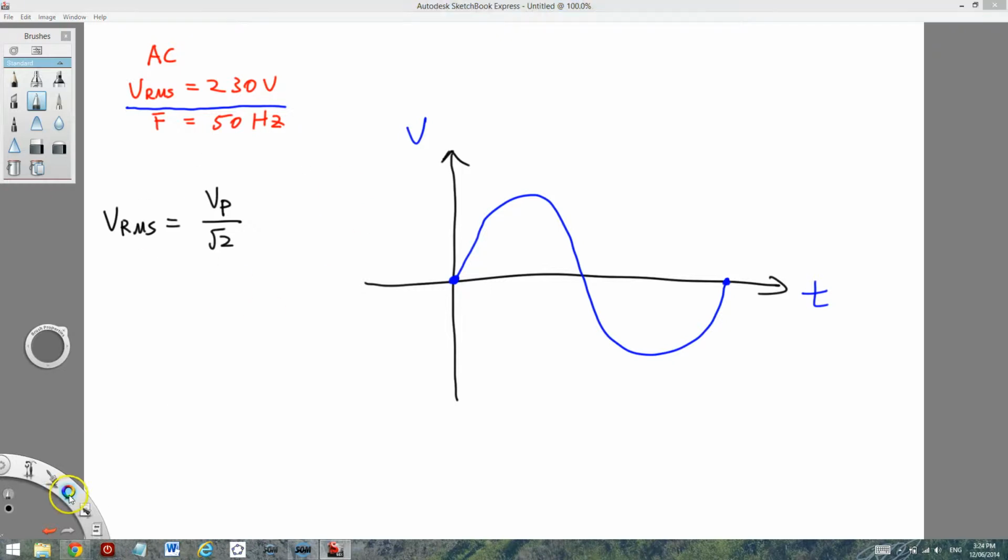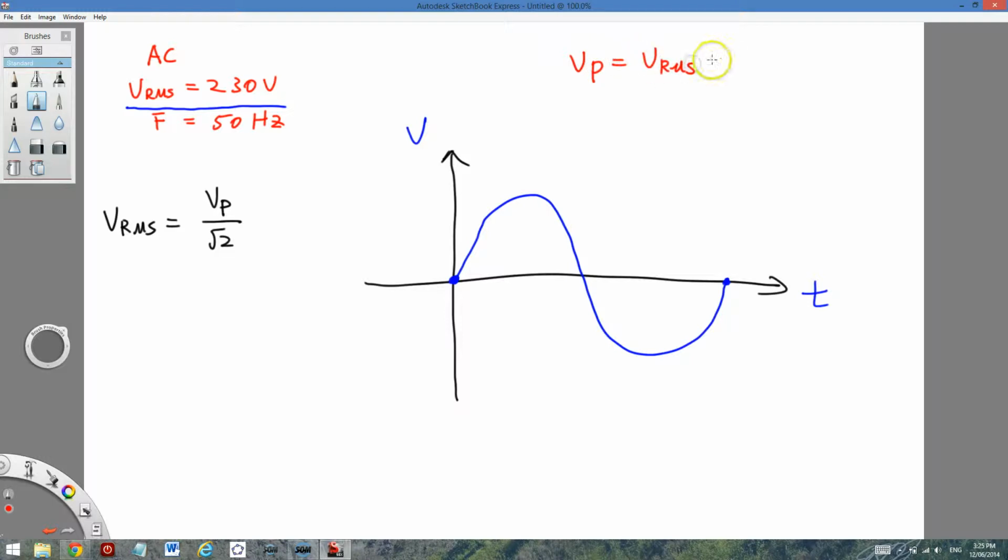Using this formula, I know the peak voltage is the RMS value times square root of 2. If I put it in the calculator, 230 times square root of 2 is roughly 325 volts. So this is the peak voltage, the maximum voltage I can get from the power socket: 325 volts.